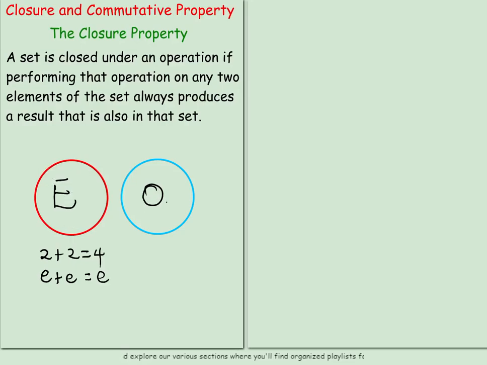On the other hand, if I take two odd numbers, for instance, 3 plus 3. 3 is an odd number, and this 3 is also an odd number. If I add it, what do I get? I get a 6, which is an even number. Do you see that? What if I add 3 to 5?